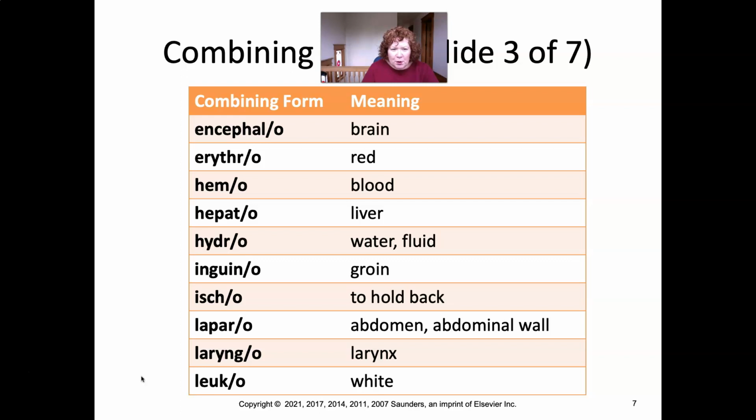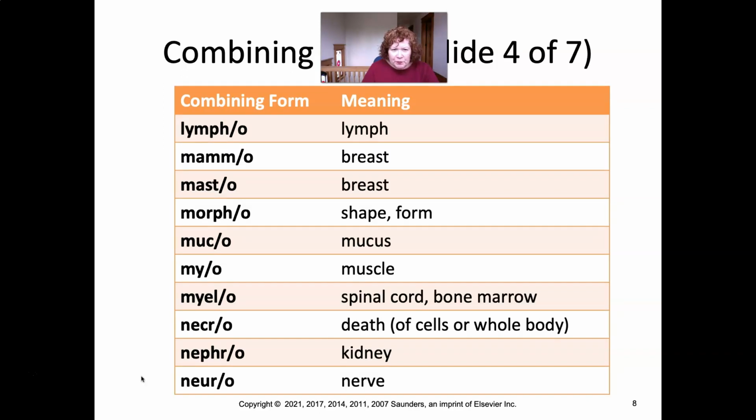Encephalo, erythro, hemo, hepato, hydro, inguino, ischo, laparo, laryngo, leuco, lympho, mammo, masto. Notice that there's two terms there for breast, so be sure you study both of those. Morpho, muco, myo, myelo. Okay, myo and myelo, two very different things, but they're spelled similarly, so you're going to want to watch out for these.